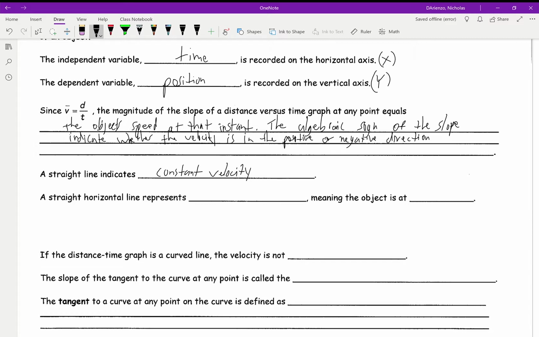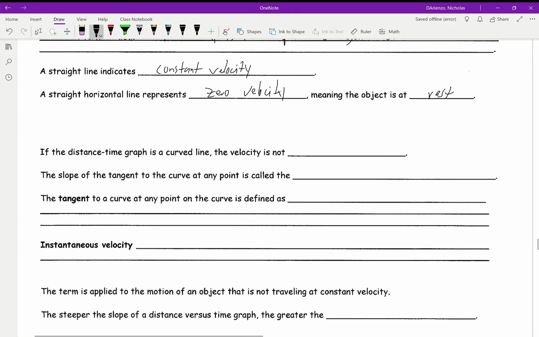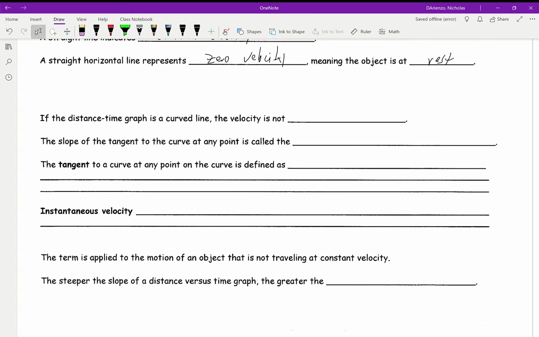A straight horizontal line represents zero velocity, meaning that the object is at rest. If we do find a distance versus time graph that is curved, then we know that the velocity is not constant.